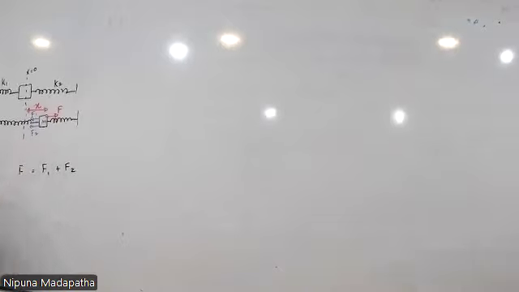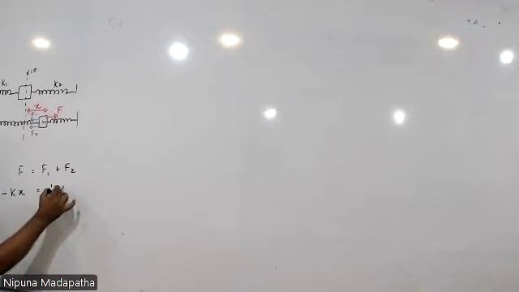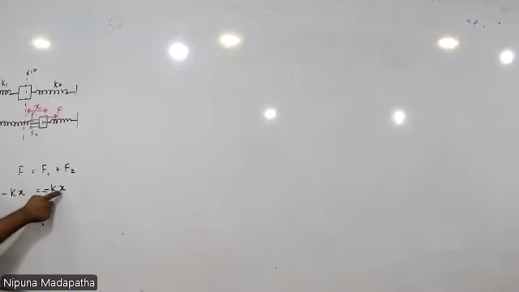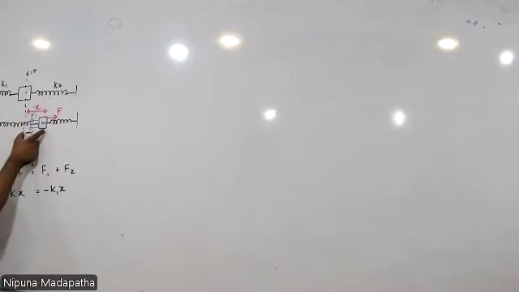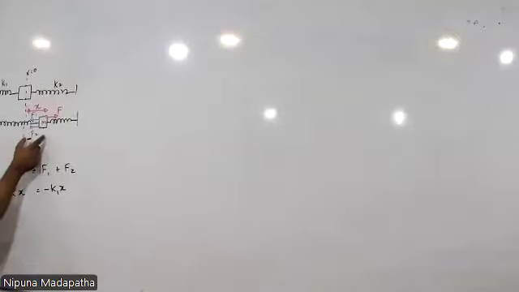So we can apply F equals Kx. F is given by minus K times x, where K is the spring constant of the equivalent spring of the system. F1 is minus K1 x. Why do we use x here? Because the length that the spring has stretched is equal to x.